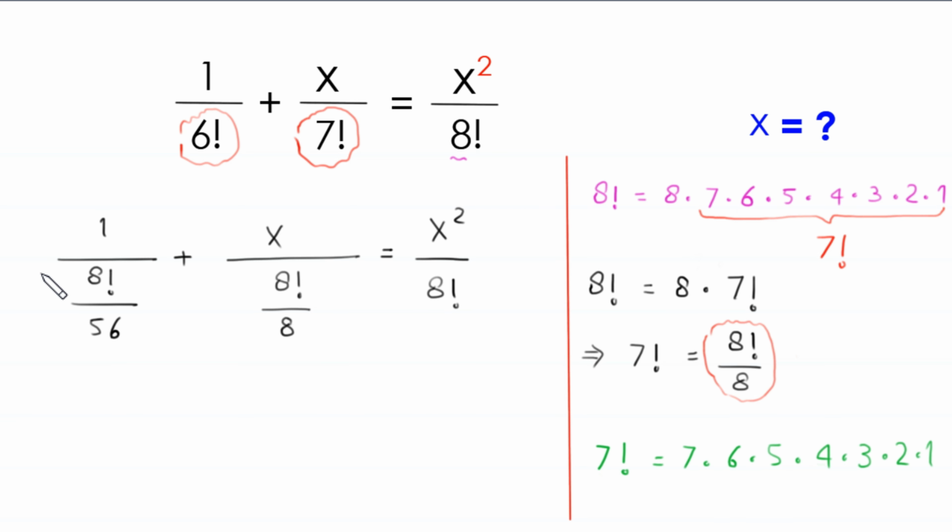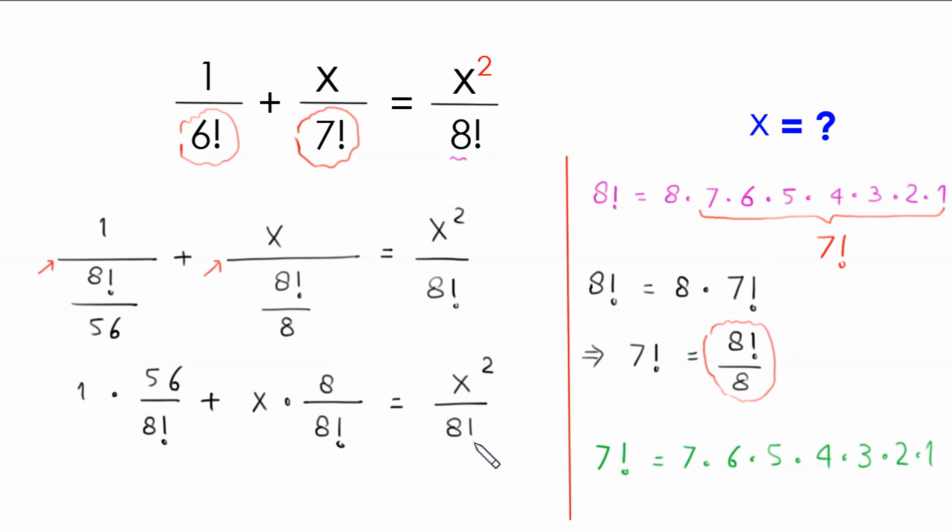Now we change this division sign into multiplication, and this fraction will flip. This will become 1 times 56 over 8 factorial plus, in the same way we change this division sign into multiplication, this fraction will flip. This will become x times 8 divided by 8 factorial is equal to x squared divided by 8 factorial.